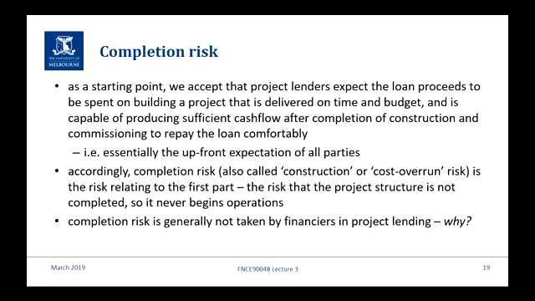But the lenders won't expose themselves to completion risk, and the way they do it is by having the limited recourse structure. So if the project never completes, you never get to the trigger that goes non-recourse, so it stays recourse with the sponsors.